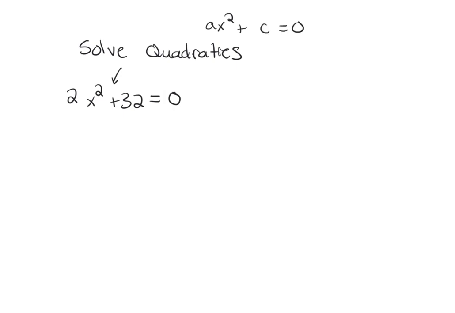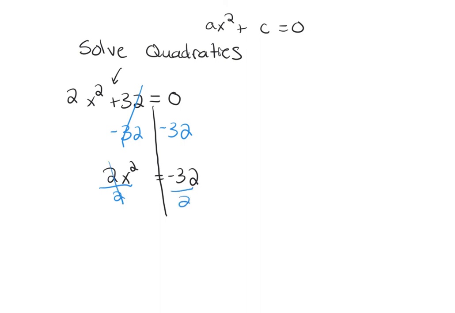We don't have the middle term. So one way to do this is just simple solving. Minus 32, minus 32. 2x squared equals -32. Now divide by 2. So x squared equals -16.